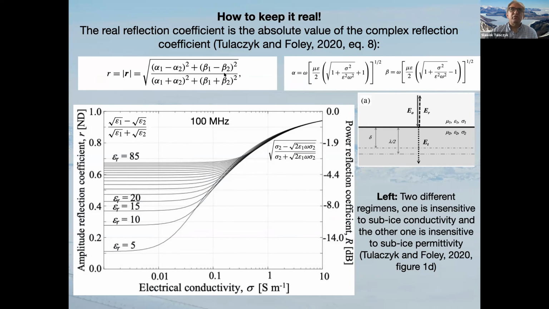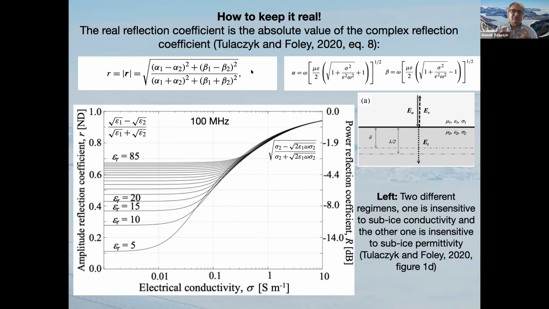But you're completely right. There's a whole world out there that uses the dielectric constant as a combination of the real permittivity and the electrical conductivity. This is the world that I'm trying to stay away from.